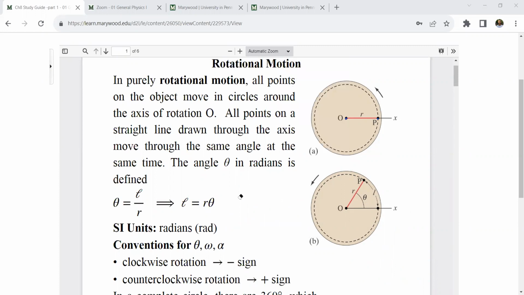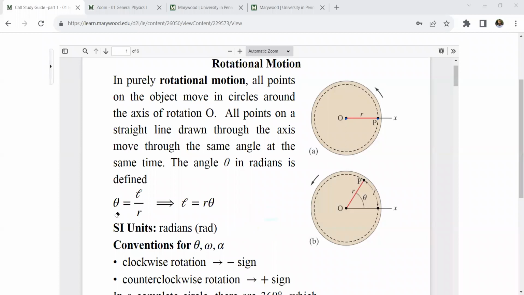In this chapter, the unit for theta is radians, in short, rad. So degrees are not used here. We are going to use rad or radians in this chapter to represent angular position or angular displacement.